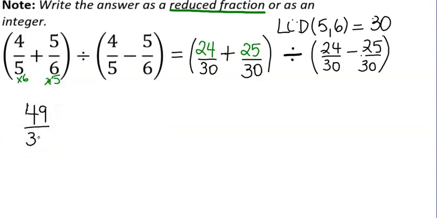49/30 divided by negative 1/30. Now you must know division of fractions. You use what we call keep, change, and flip, right? KCF. I keep the first the way it is.